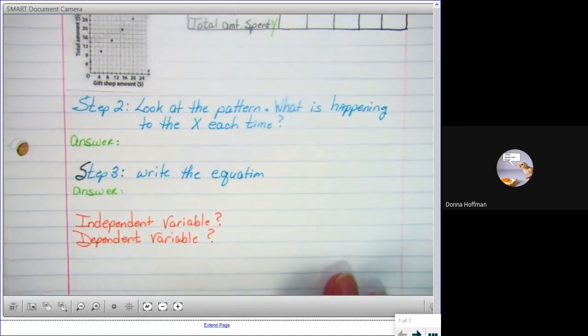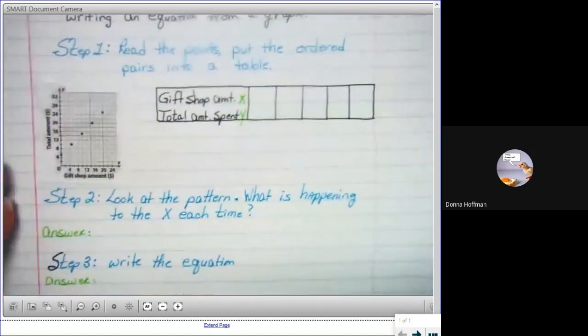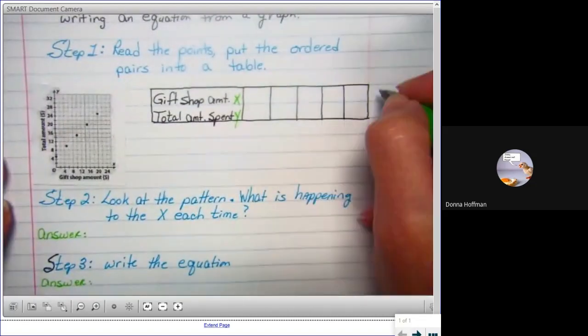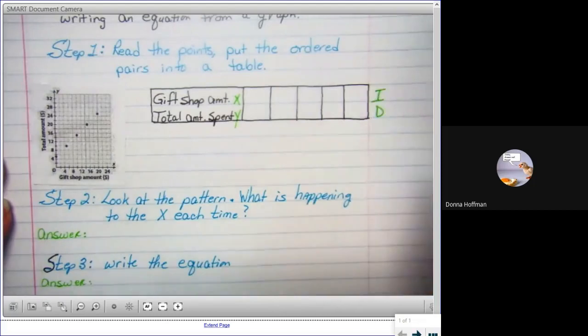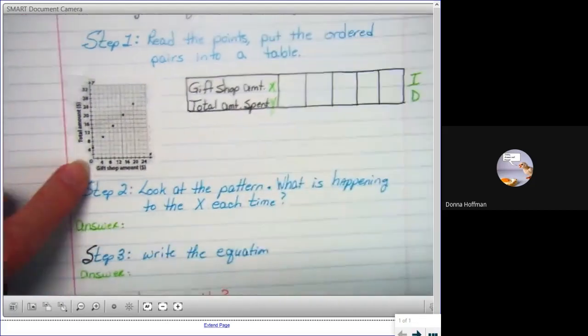Okay, so here's the lesson. First thing I do is label my table X and Y and I and D. Before I do anything else, I just like to get that out: X, Y, I, D. I'm going to look at the points on this graph, and I know it's super small, but I can zoom in.